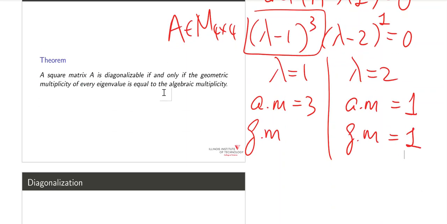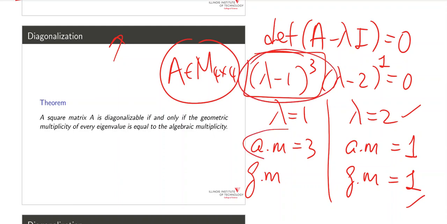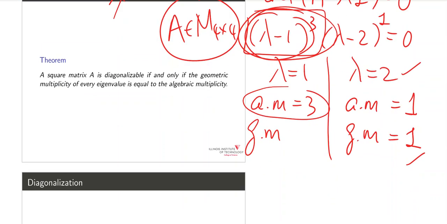But the problem is, let's look at the theorem before. It says that since this is a 4x4 matrix, I need 4 independent eigenvectors to diagonalize it. I have 1 independent eigenvector here, coming from lambda equals 2. But lambda equals 1 appears 3 times, and the eigenvectors coming from this eigenvalue, you might only have 1.